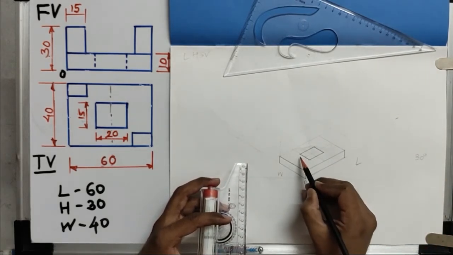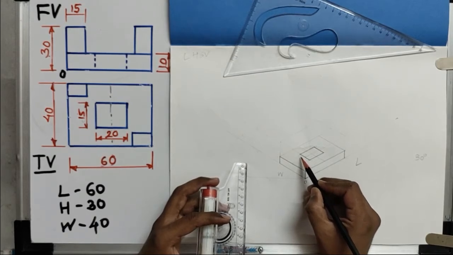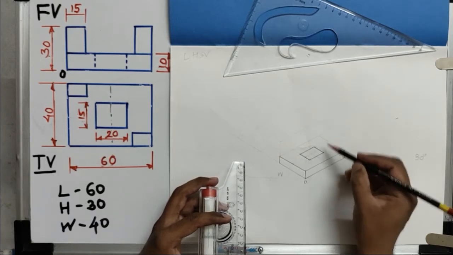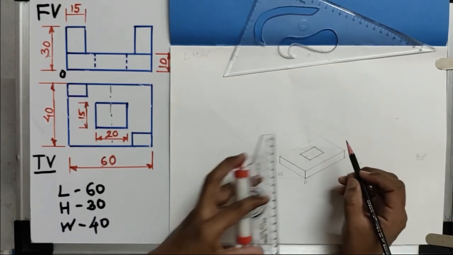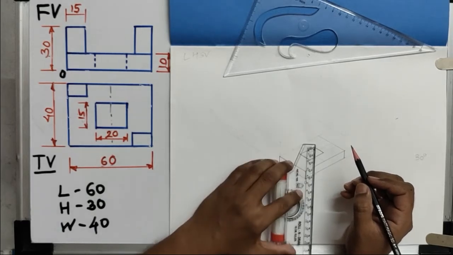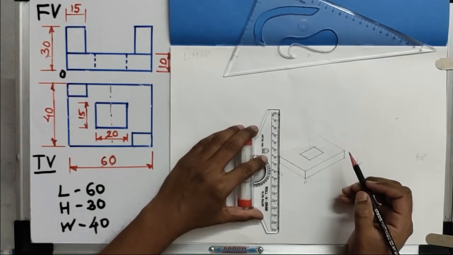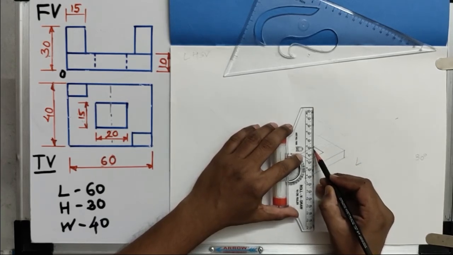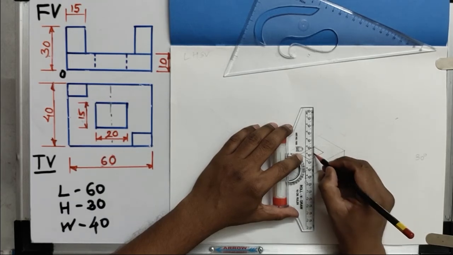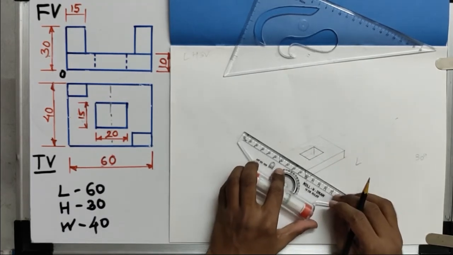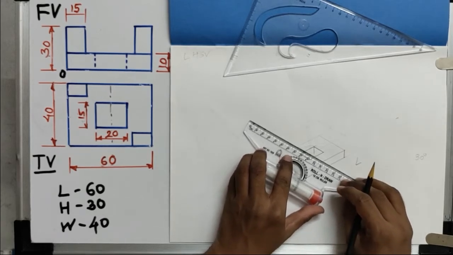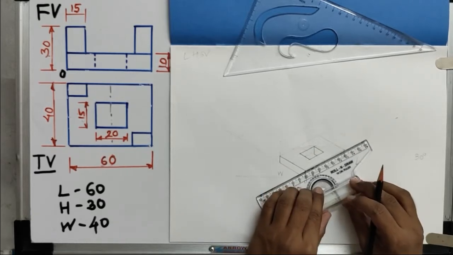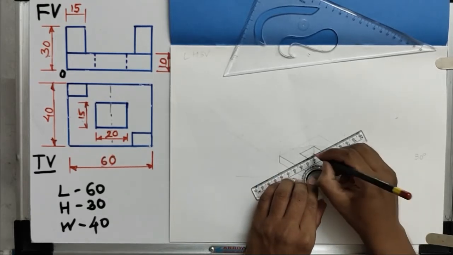Only this corner point is useful to represent the depth, so I will draw the exact vertical line of 10 mm depth from that corner point. From the end point of that vertical depth line, I have to draw lines parallel to this left side inclination line and this right side inclination line, which will represent the inner portion of that.